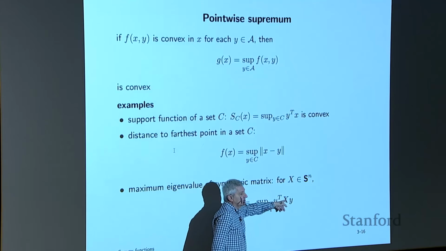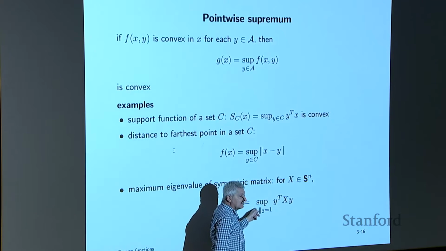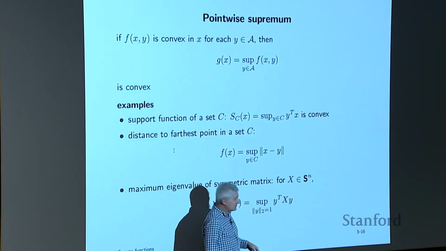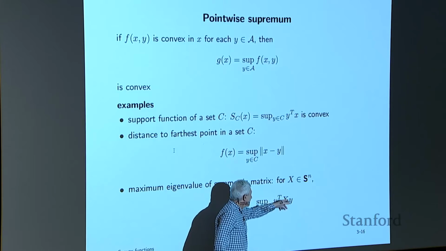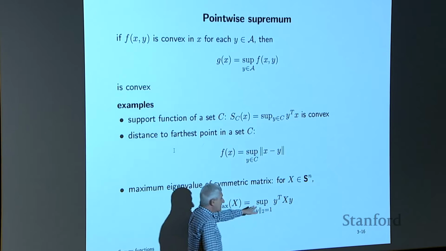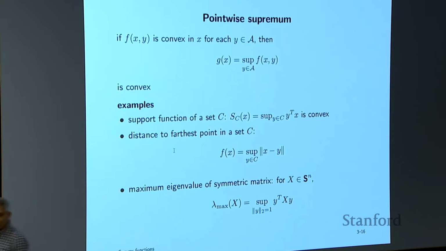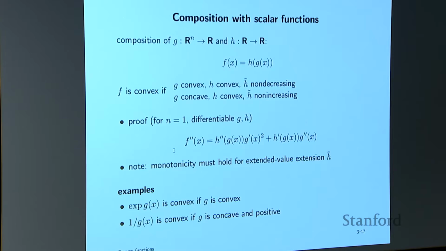It's a linear function of capital X, right? But now if I take the supremum over everything on the unit sphere, so y is on this sphere, then first of all, that's convex, but it also is the maximum eigenvalue. Okay, so does this make sense? Things are going to slowly get a little bit more complicated and maybe less obvious.